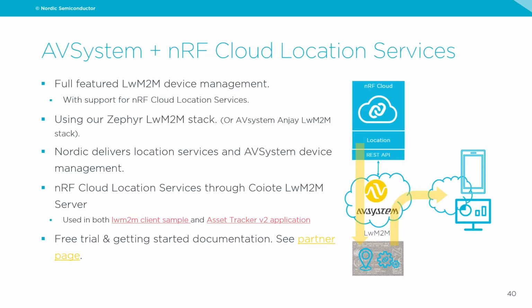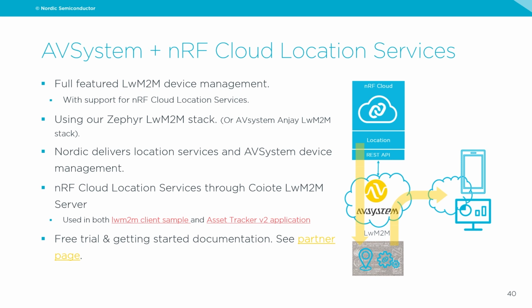On the AVSystem plus nRF Cloud location services side, like I said, this does offer a full-featured lightweight machine-to-machine device management with support for nRF Cloud location services. So that can either be using our Zephyr lightweight machine-to-machine stack or the AVSystem lightweight machine-to-machine stack.